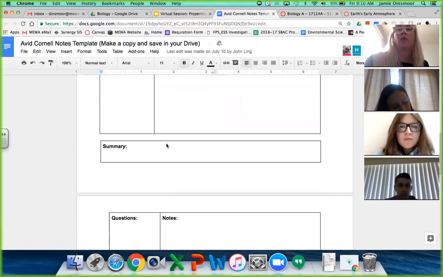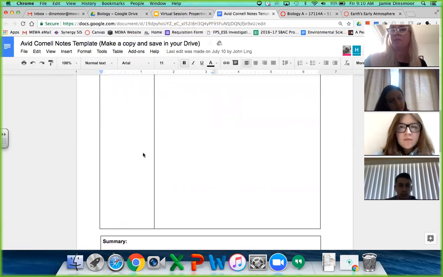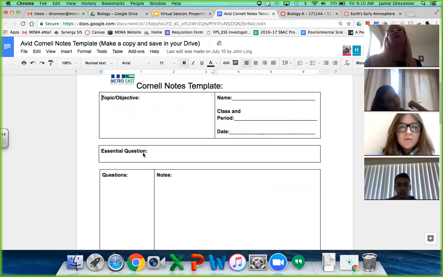You will write your own summary at the end. Right, and if you're really familiar with Cornell notes, you might even go back and do the next steps, circling and underlining, crossing out information that wasn't important to you, etc. But for now, we're going to just start off by getting something down on the paper.